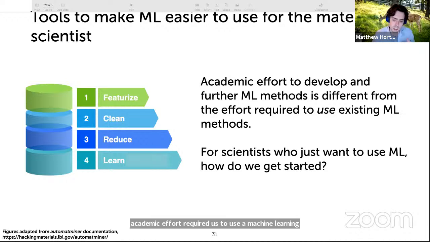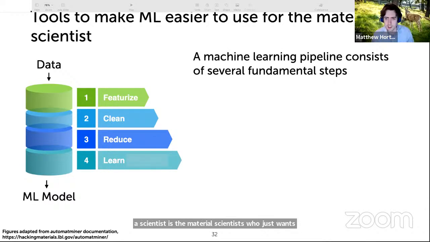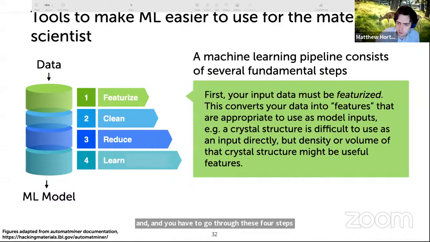So if you're a materials scientist who just wants to use machine learning, how do we get started? A machine learning pipeline consists of several fundamental steps. You have data coming in, such as from the Materials Project, and you go through these 4 steps to get an ML model out.